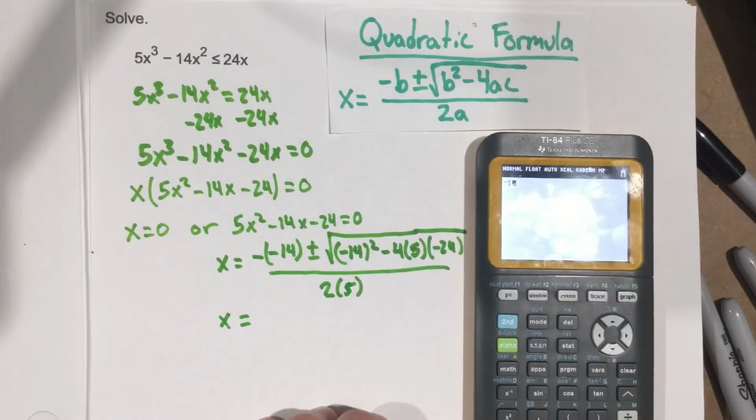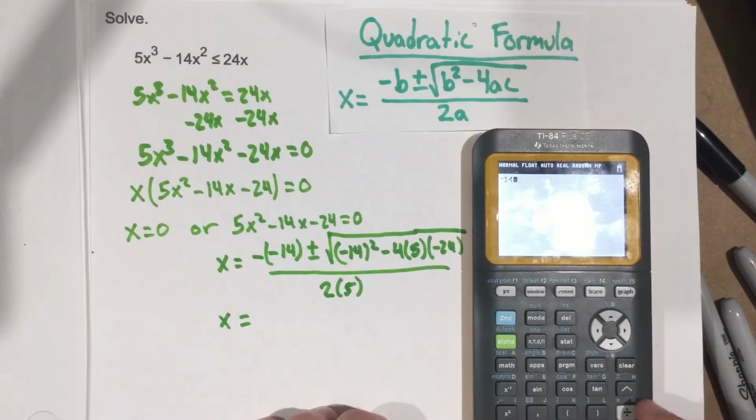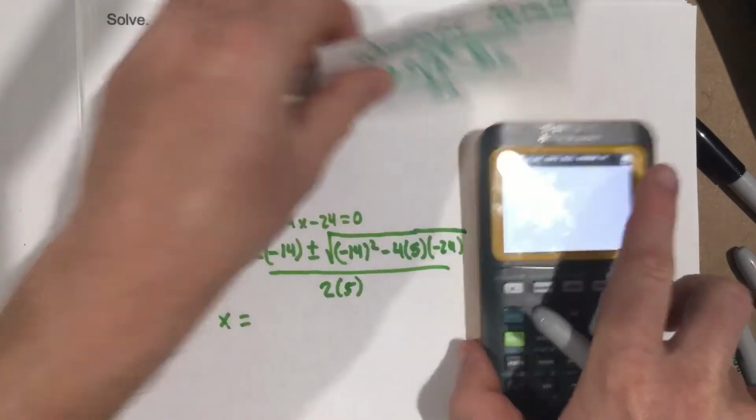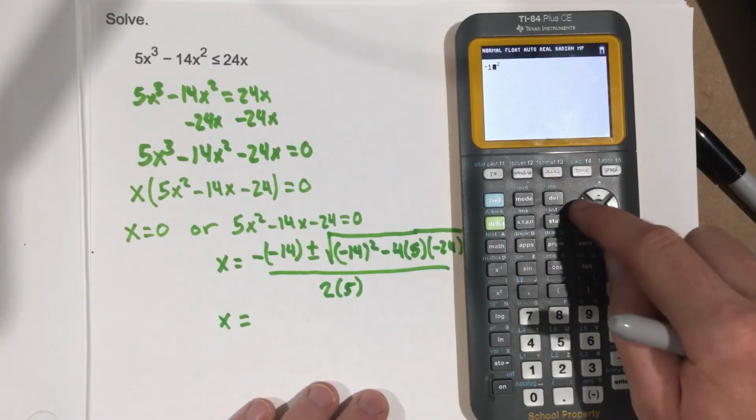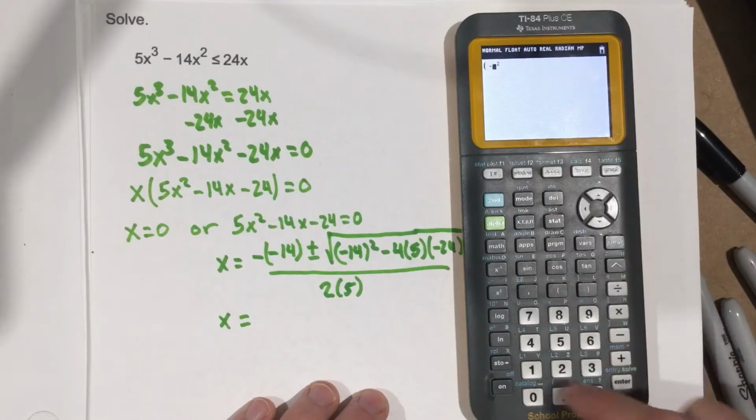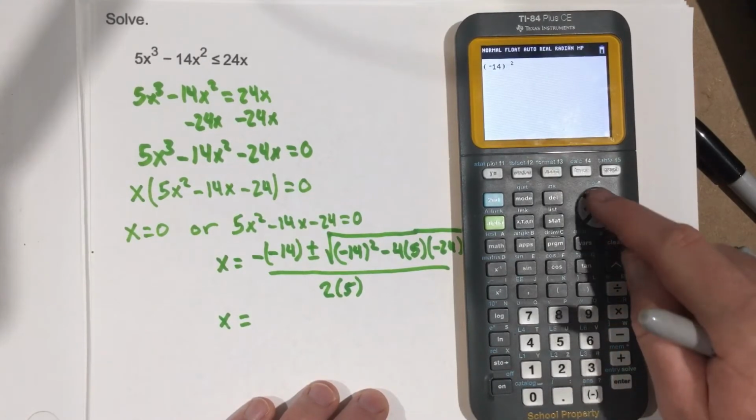So negative 14, we're going to square it. Better put parentheses there because you'll mess your answer up if you don't.